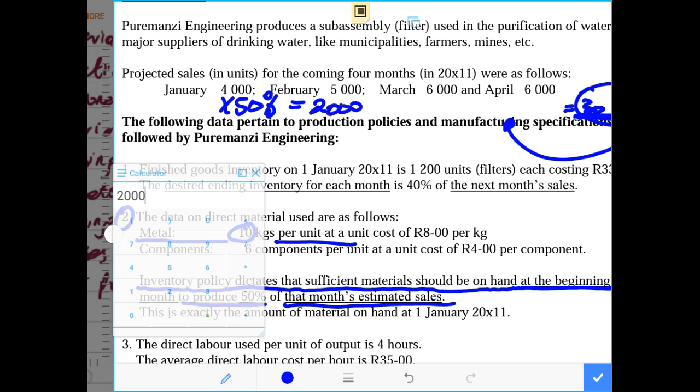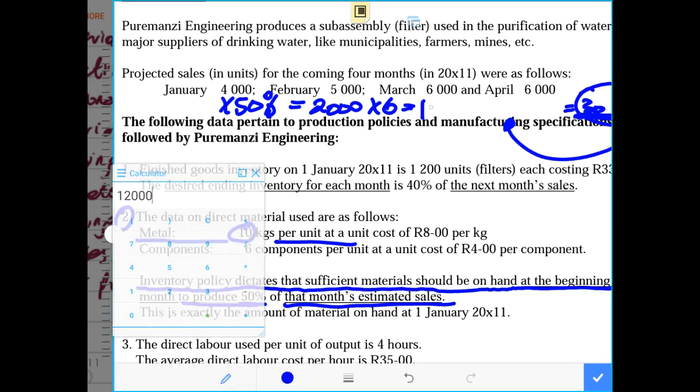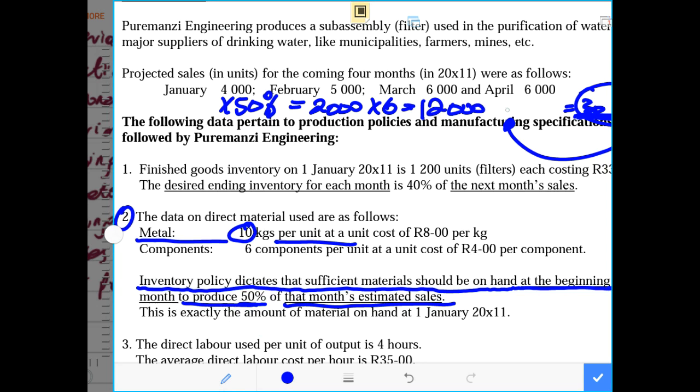So now these are the units that need to be sold. However, we need to know how many components we need in order to complete the total of the 2,000 units. Remember, for each unit, it requires 6 components. So that's why we have to multiply by 6 components. And when you multiply by 6 components, this will give us 12,000. That means we need to have 12,000 components.